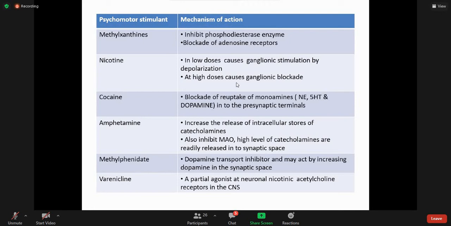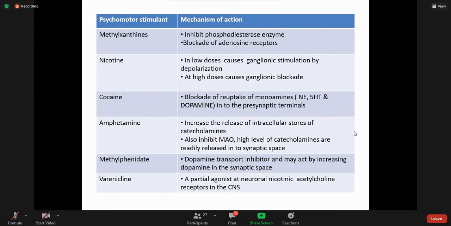So we can say that initially nicotine produces stimulation, followed by depression. And this is the logic for why a person who is a chain smoker or has a habit of smoking lights a cigarette, and after 5 or 10 minutes, there is variation, and it depends on the continuous use and how much nicotine is used.